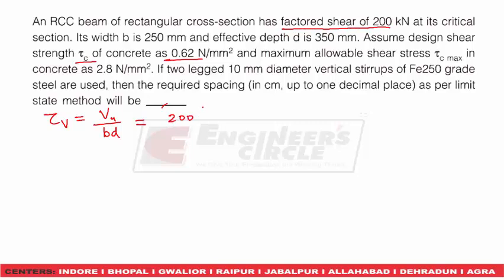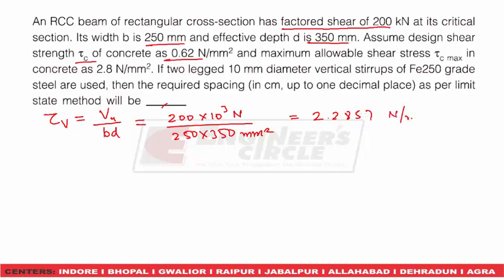So 200 into 10 to the power 3 Newton divided by B is 250 and depth is 350, so 250 into 350 mm square. So it comes out to be 200 E6 by 250 by 350, so 2.2857 Newton per mm square.